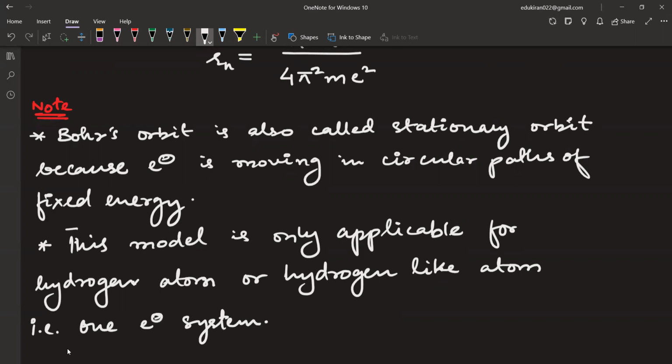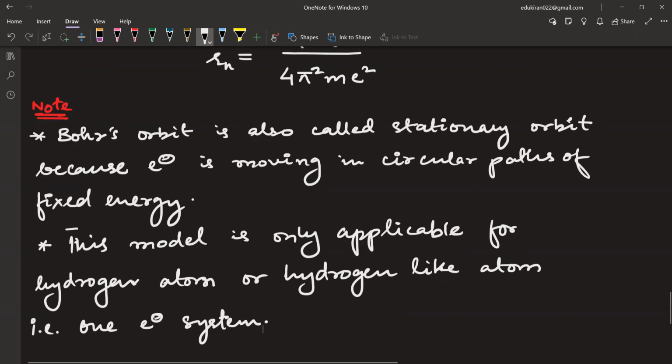And I will tell you what is the reason. See, Bohr, while he was discussing the things present in the photoelectric effect and the work function, was able to say that yes, fine, we will have different shells, but mathematically he was only telling about a one electron system.